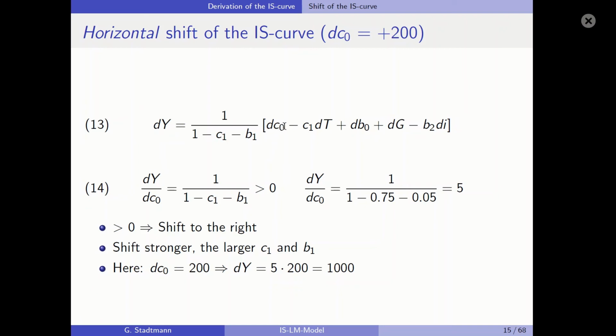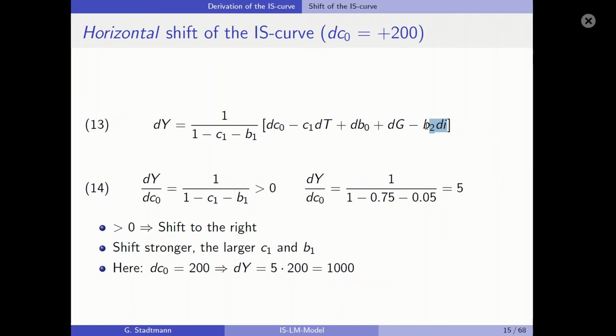Then the shock occurred, like the autonomous component of consumption is up by 200 units. Taxes do not change, so the change is equal to 0. Autonomous component of investment does not change. This change is equal to 0. Government spending does not change. Change in government spending is equal to 0.